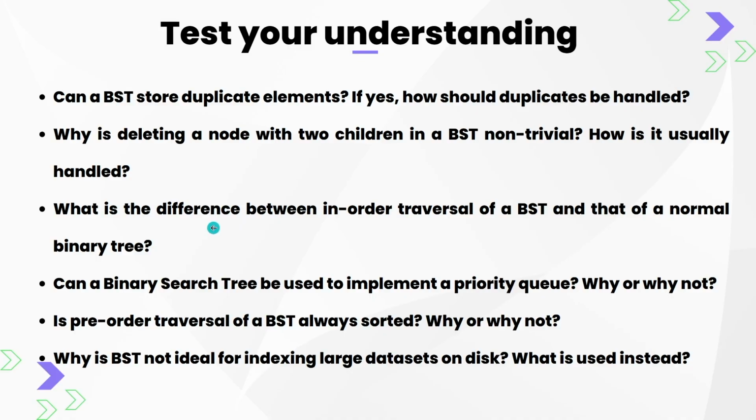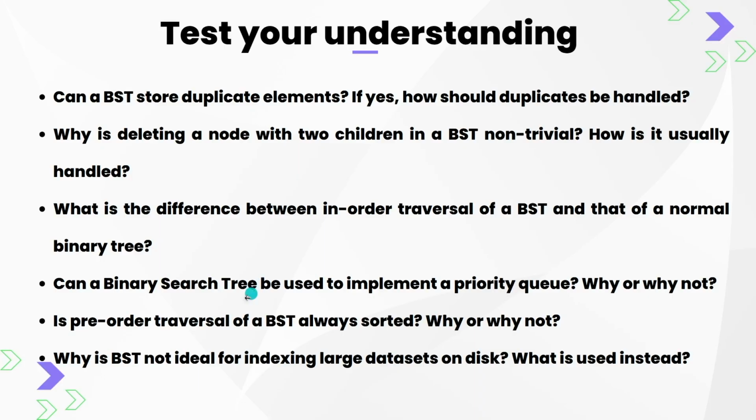Next question is, what is the difference between in-order traversal on a binary search tree and that of a normal tree? The difference is that in a binary tree, we have only one condition, that a node can have a maximum of two children, but we do not have any search tree property there. So the elements can be anything, and when we do in-order traversal on it, it is just going to be a listing of elements, but those elements are not going to be in ordered fashion.